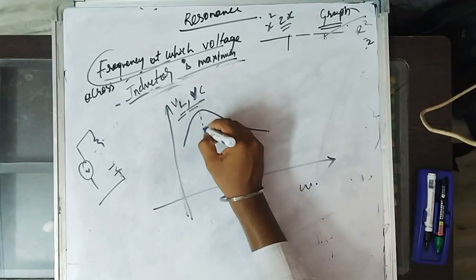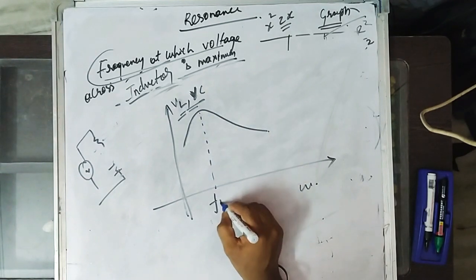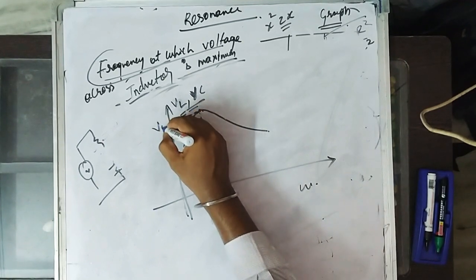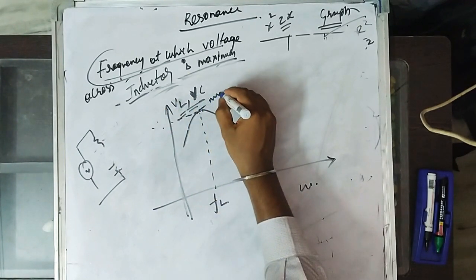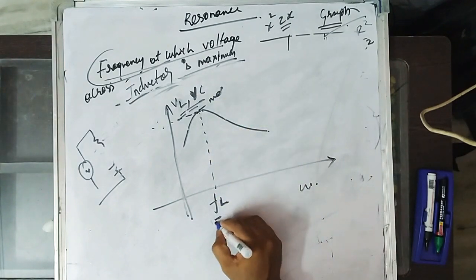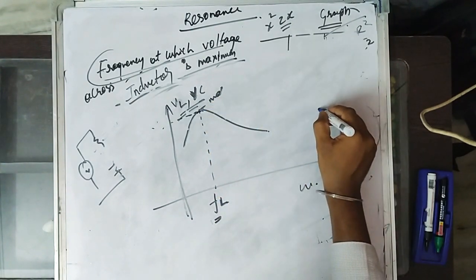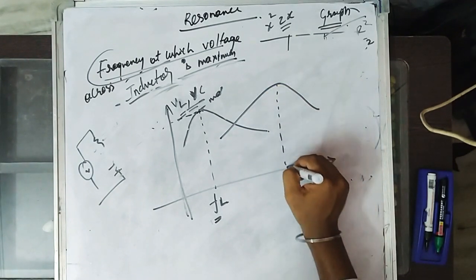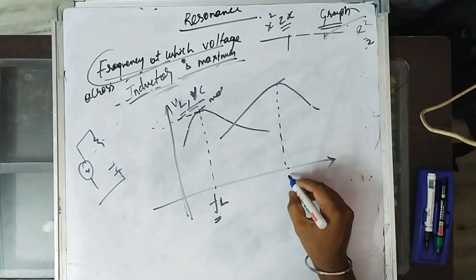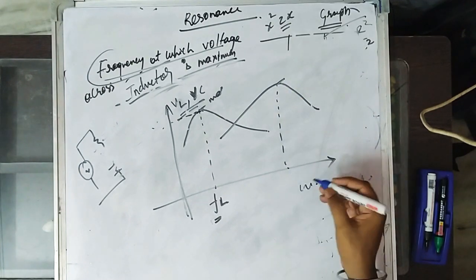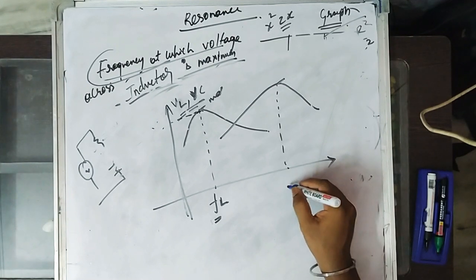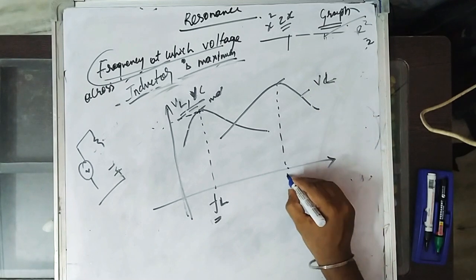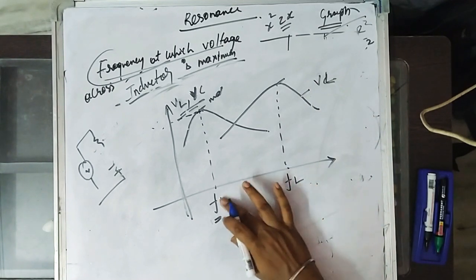At this point, called FL, the voltage across the inductor is maximum. At this frequency only we get the maximum value. This is the VL curve and this is the VC curve.